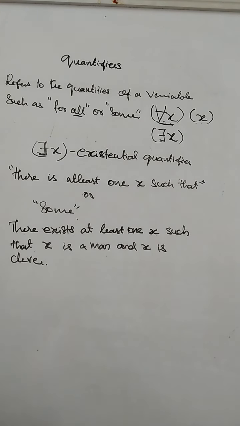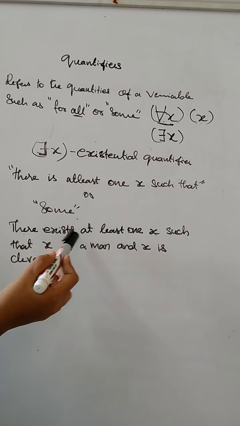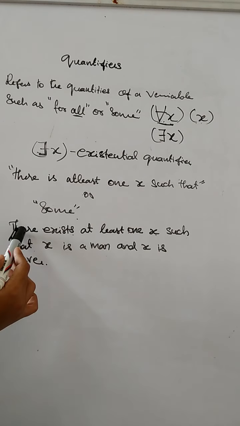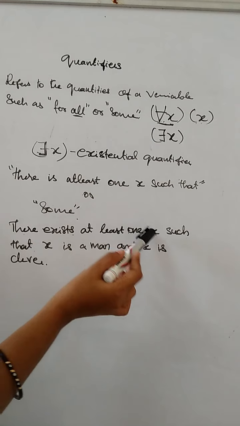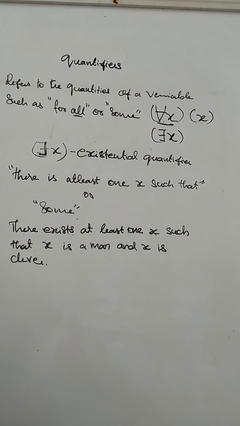So you just say here that there exists at least one x such that x is a man and x is clever. Since they have given the statement as there exists at least one x, among the universe you are just going to consider only one thing, at least one. It means a minimum of one, right?